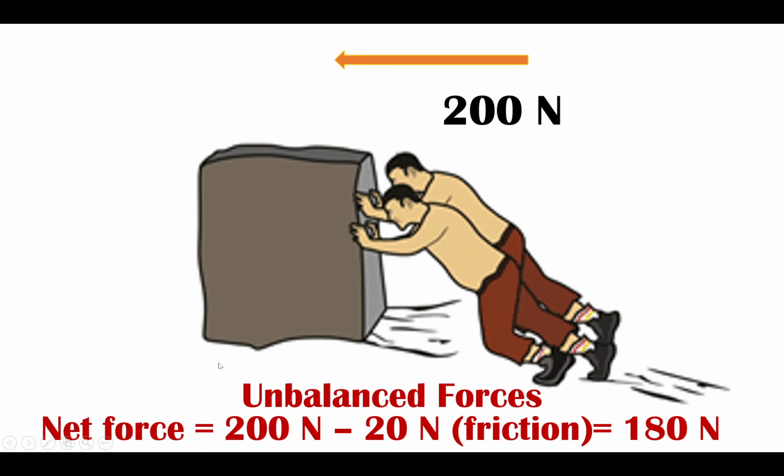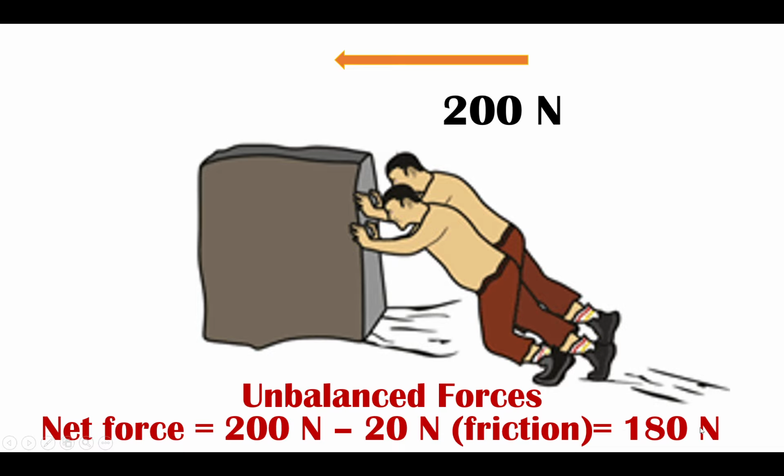So although there is friction, a force in the opposite direction, still the force applied by these two men, which is 200 newtons, is greater than the force being applied by the surface. So there is still a net force, let's say for example, 180 newtons.